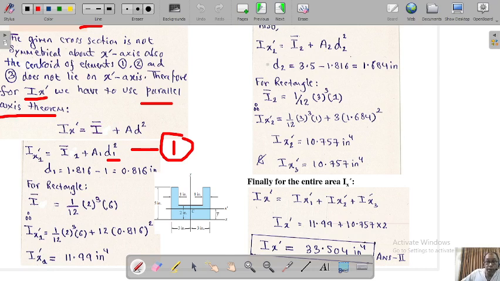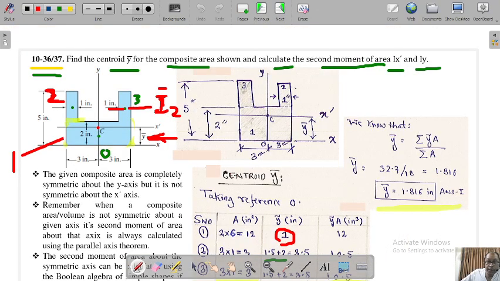Very important: how to calculate this D2? Again the same logic applies. The total height from here to the origin, which you calculated, is 3.5, minus the centroidal coordinate height along the y-axis, which was 1.816.